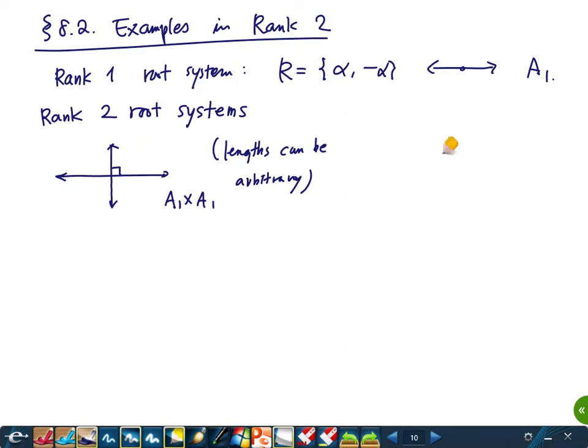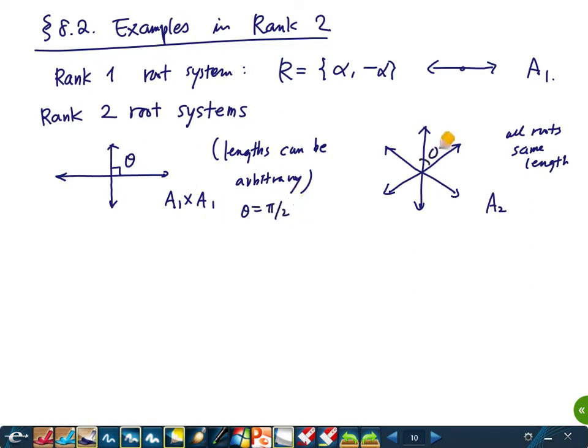And A2 is like this. All roots have the same length. So it's A2. Okay, in A1 times A1, theta equals pi over 2. In A2, theta is pi over 3, the smallest angle between 2 roots. And I already drew this.